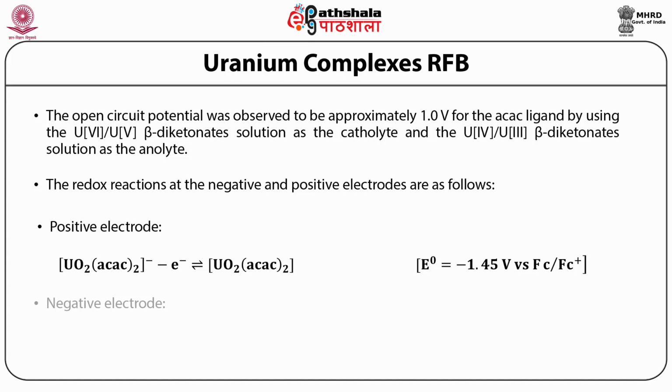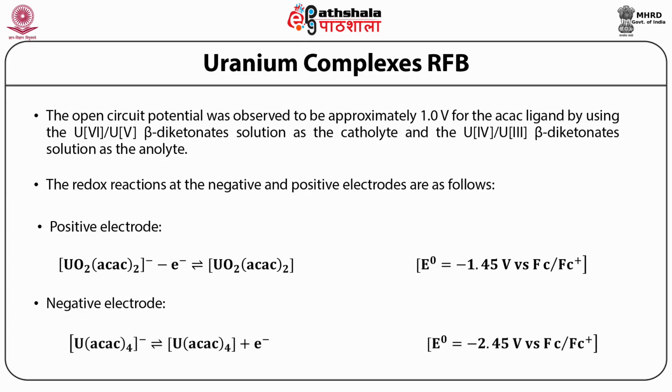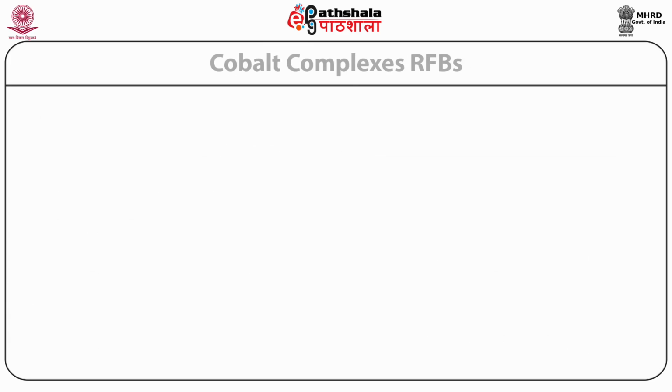At negative electrode, U(ACAC)4 minus an electron gives U(ACAC)4+ with E0 equal to minus 2.45 volts versus Fc+.